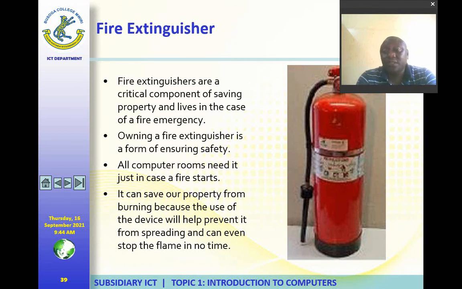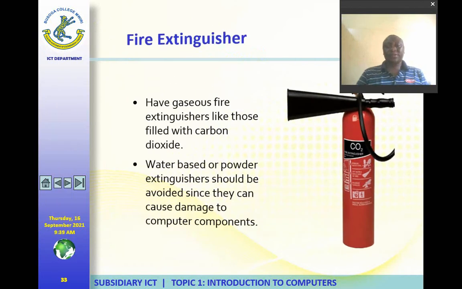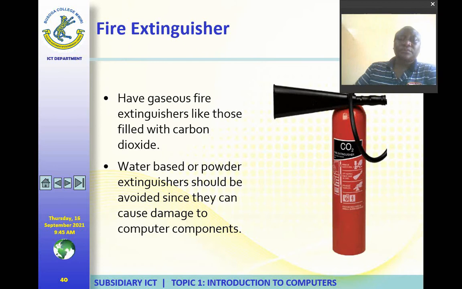It can save our property from burning because the device helps stop the fire from spreading. It will stop the flame in no time. So it is very necessary to have it in your computer lab, even other laboratories.